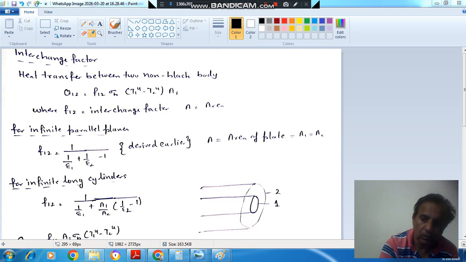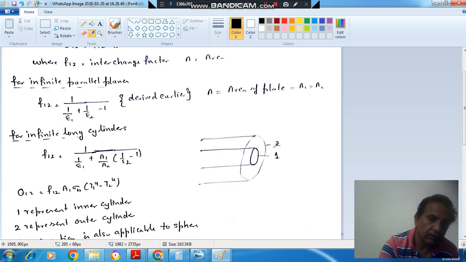Okay. So now we can also derive the formula for the interchange factor of an infinite long cylinder. So this is cylinder, inner cylinder 1, this is cylinder 2.